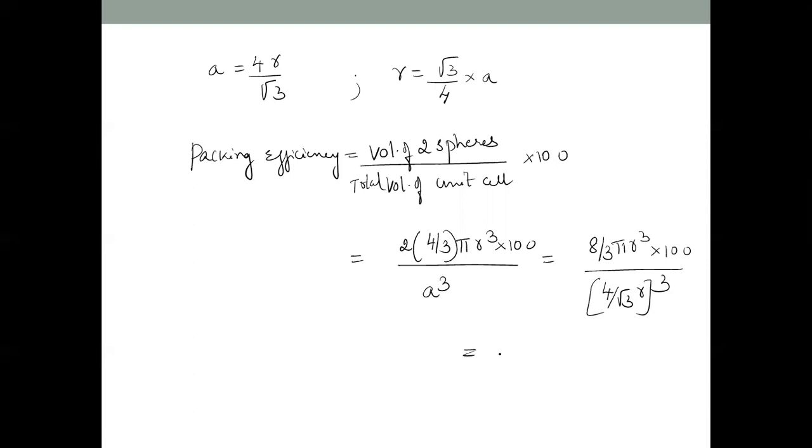All right. When you simplify this, we'll get this to be 68%. So this is how the packing efficiency of the body centered cubic lattice is derived.